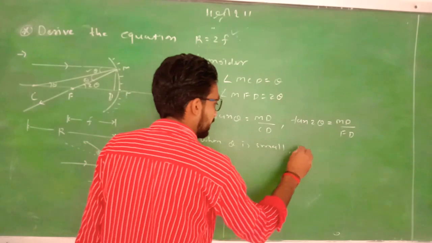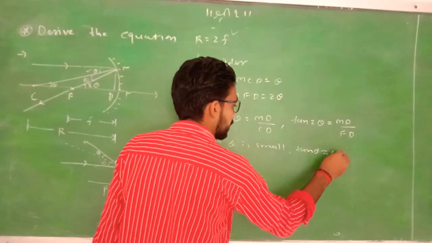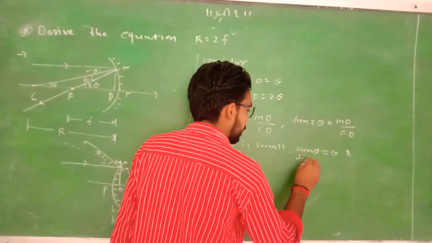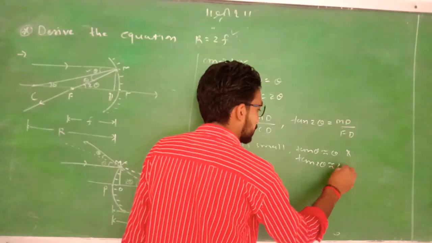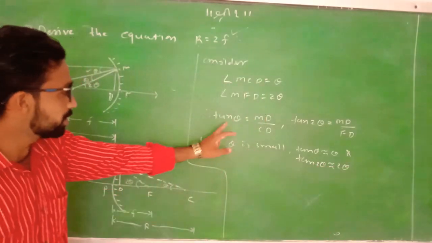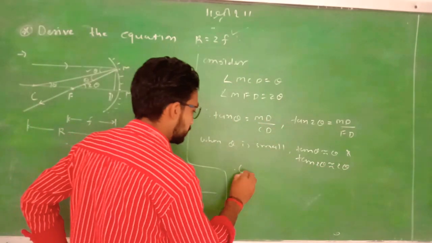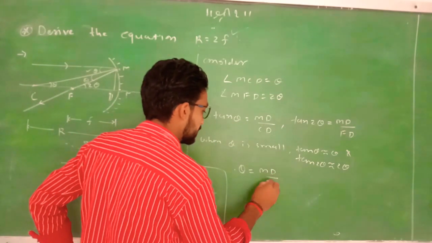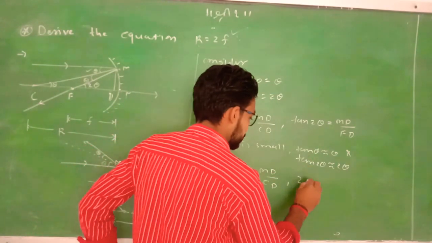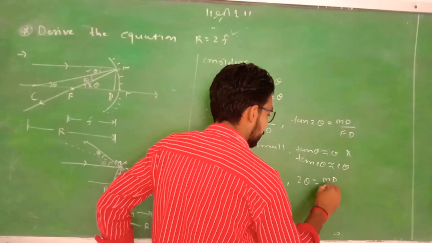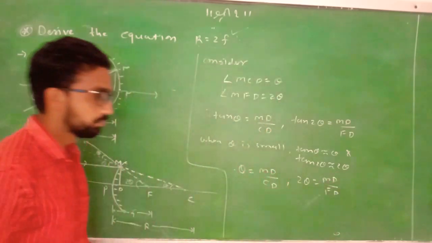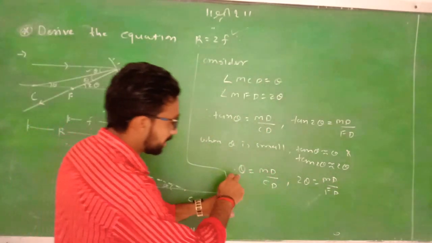we can write tan theta is near to theta and tan 2 theta is near to 2 theta. So from these two equations, you can write theta is equal to MB by CD and 2 theta is equal to MD by FD. Now you can put the value of theta here.